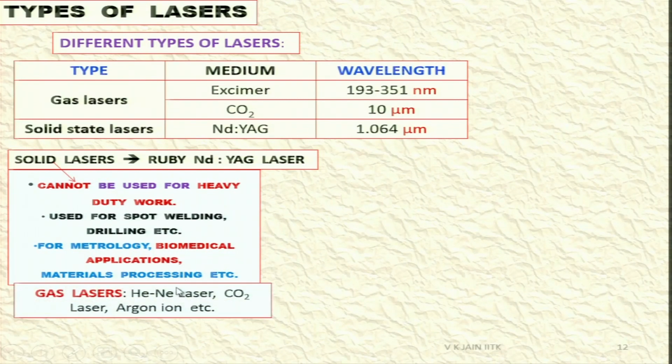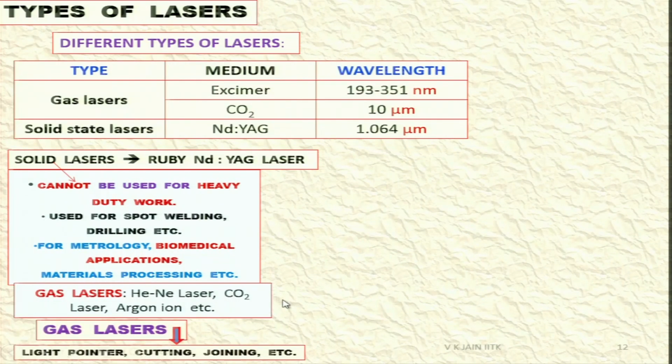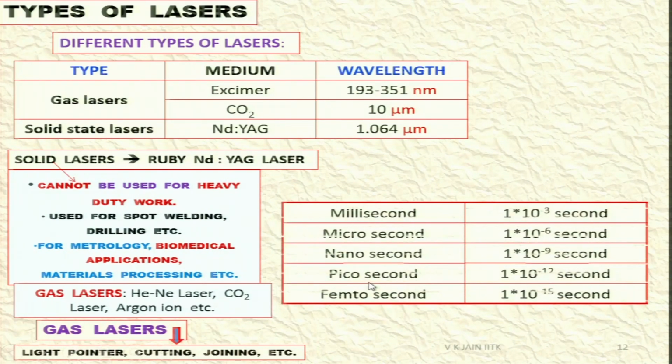Gas lasers, helium neon laser, CO2 laser and so on, they are used as light pointer, cutting, joining, etc., and they are very good for use as a pointer, for cutting purposes, for joining purposes and so on. So I need not explain, I hope all of you know it.